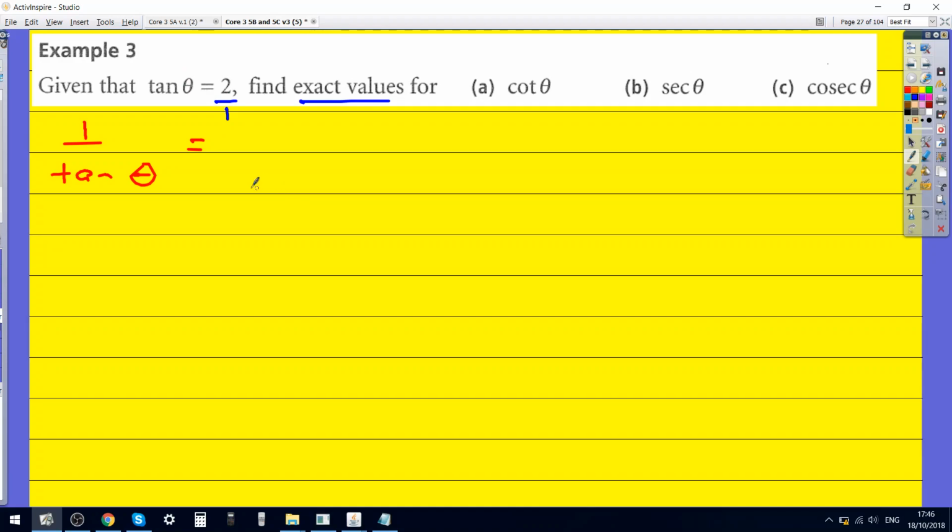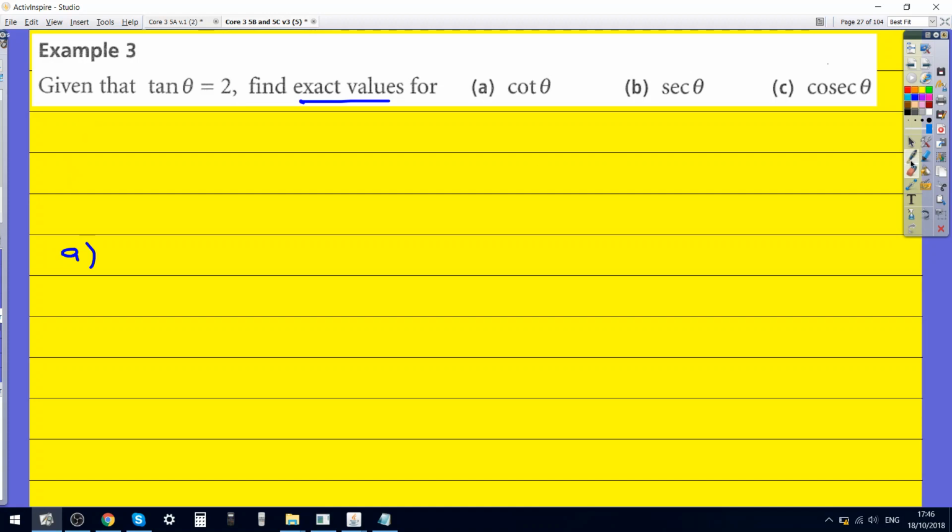And so cot theta is 1 over tan theta. Oh, so a half. Yes, a half.